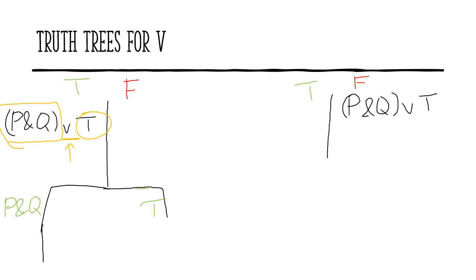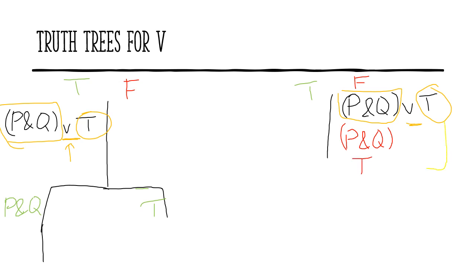what makes this statement false? Well, we know our main operator is this. I know my left side is this and my right side is this. Well, it's wherever this is false and this is false.